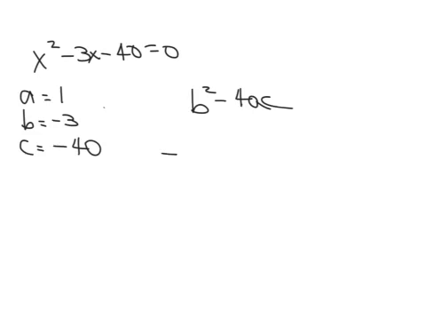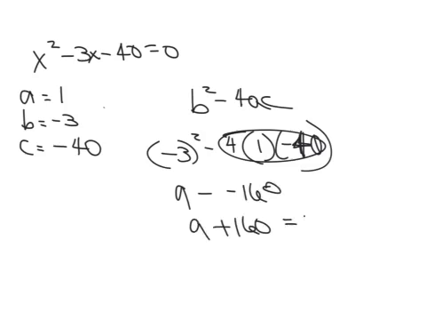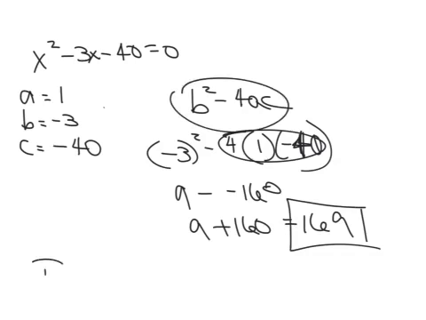B squared, so -3, we're going to square it, minus 4 times A times C. Oops, 40. There we go. Alright, so we get 9 minus 4 times -40 is -160. So we get 9 plus 160, which equals 169. So, when we get a discriminant, our discriminant is 169.